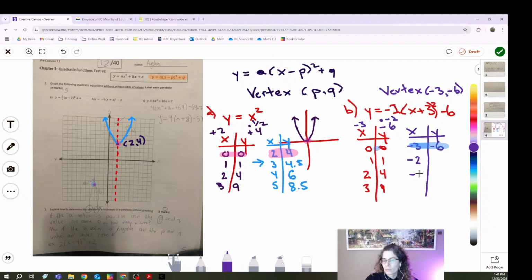If we did 1 times negative 2, minus 6 more. Okay, if we were to put in a 4 times negative 2, plus minus 6 more. Good. And if I was to put in 9, we definitely don't have room on our graph, but that's okay.